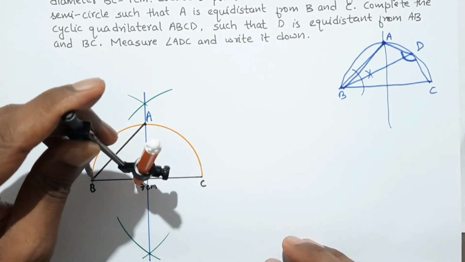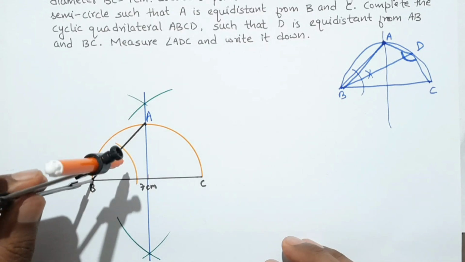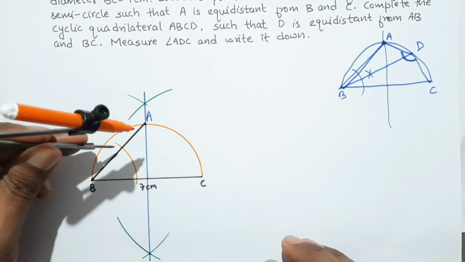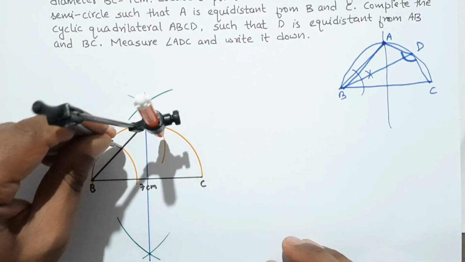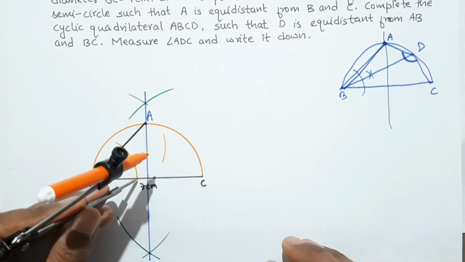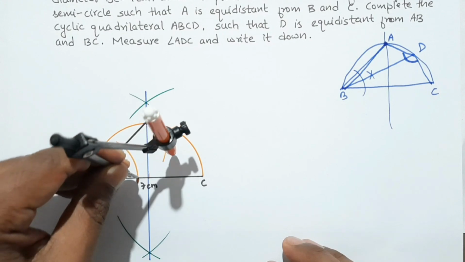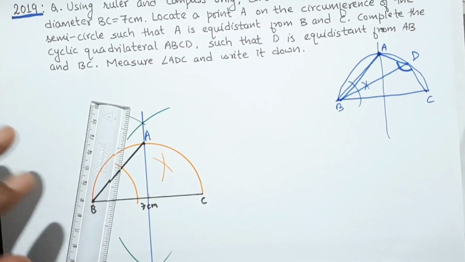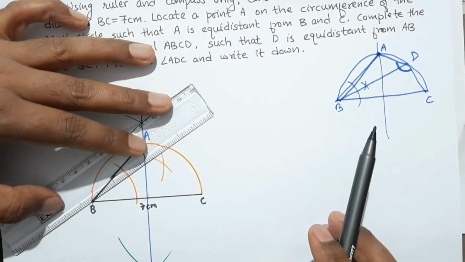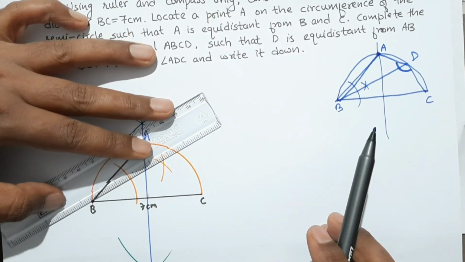This is our first arc. Now putting the compass here, we make another arc, and similarly from this point another arc here. So this is our angular bisector of angle B.